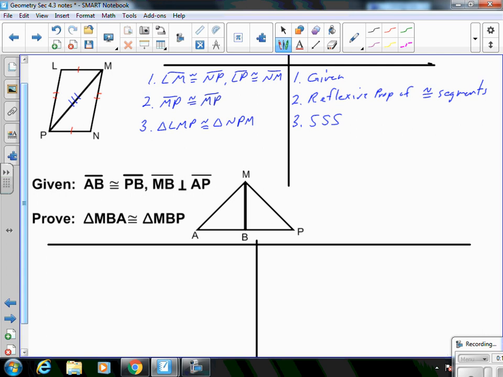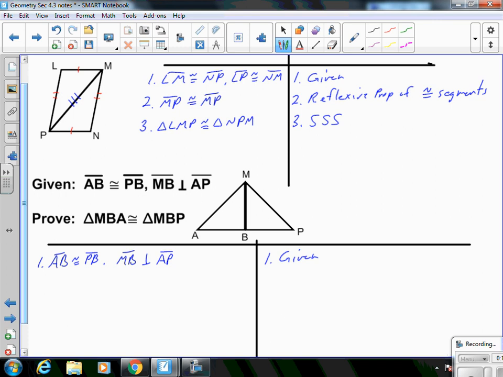So first off, we're going to list the given. Segment AB is congruent to segment PB. Segment MB is perpendicular to segment AP. It's all given.